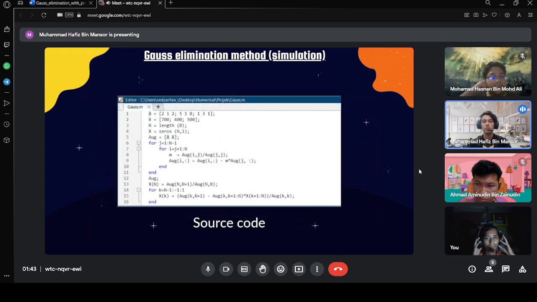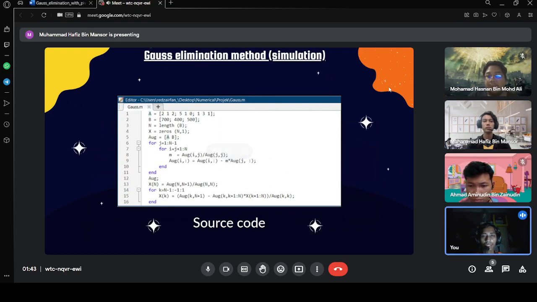This is for the simulation. Reza will explain the simulation part. Next is a simulation from the manual calculation for the Gauss elimination method. In this source code, the first and second lines are the data we need to insert from the table: 2 1 2, 5 1 0 and 1 3 1. Then B is the units from the question: 700, 400 and 500.